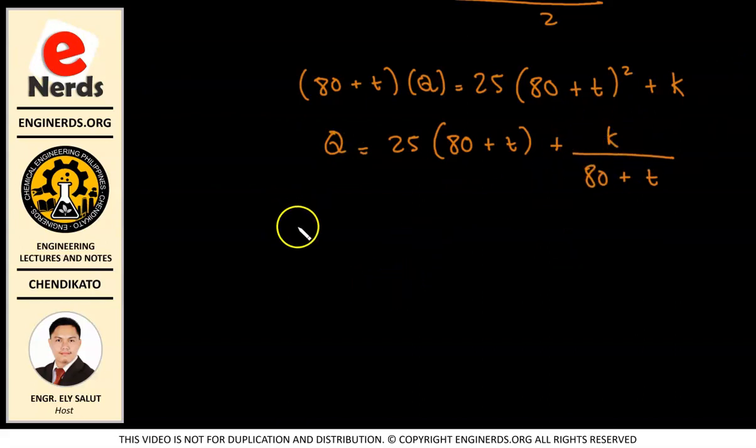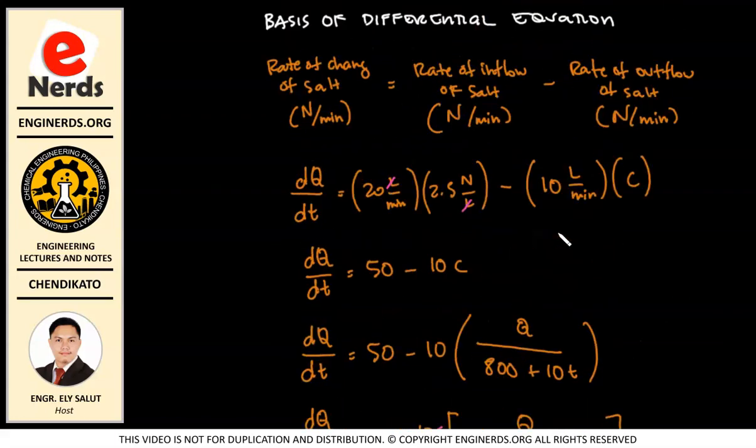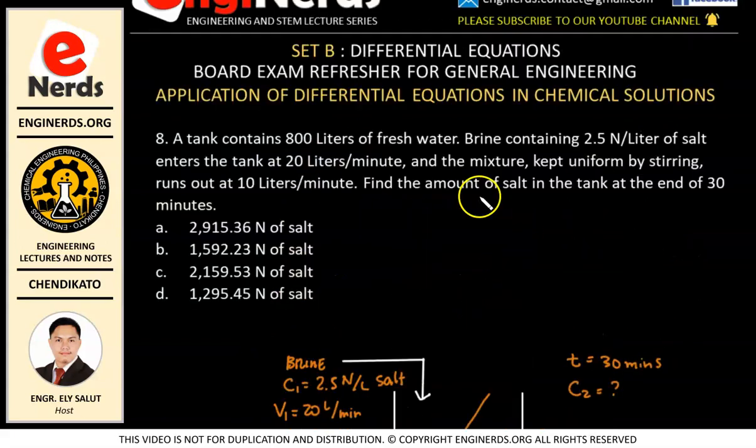So, let us find the value of Q at a given time t. We know that initially our time is equal to 0. How much salt is present in our tank? As you can see, at the beginning, at time equal to 0, we do not have any salt in our tank, because initially we have fresh water.